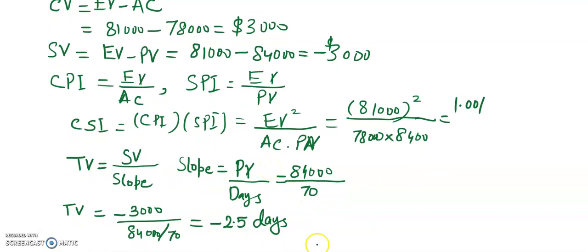This shows that the project is approximately 2.5 days behind up to now, in 70 days. That means the work on the project needs to be expedited.